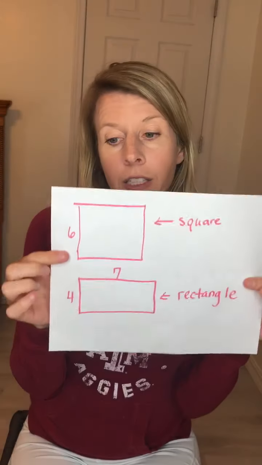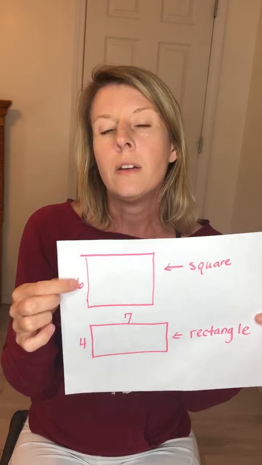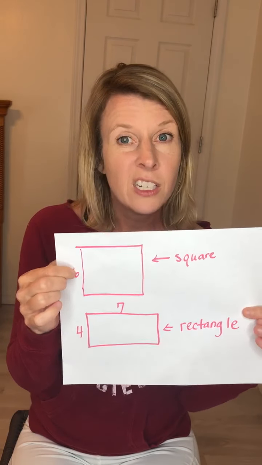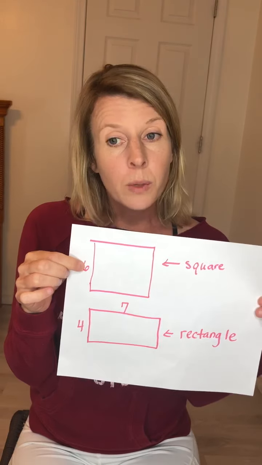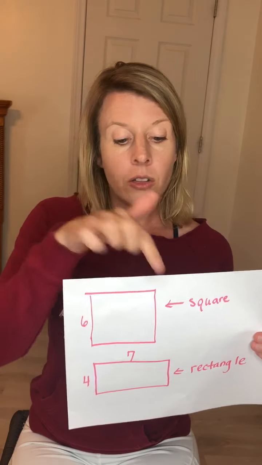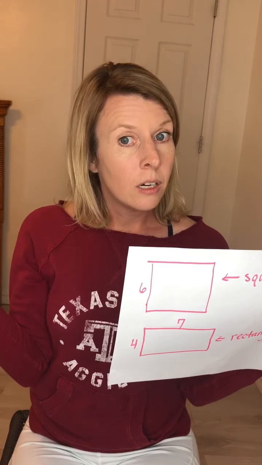Okay? So we also learned with area that we can find the area of a square. So this is a square. And if we know one of the sides is 6, if it is a square, we know all the sides are equal. So we know if this side is 6, then all the sides are 6s. So to find the area, we multiply.